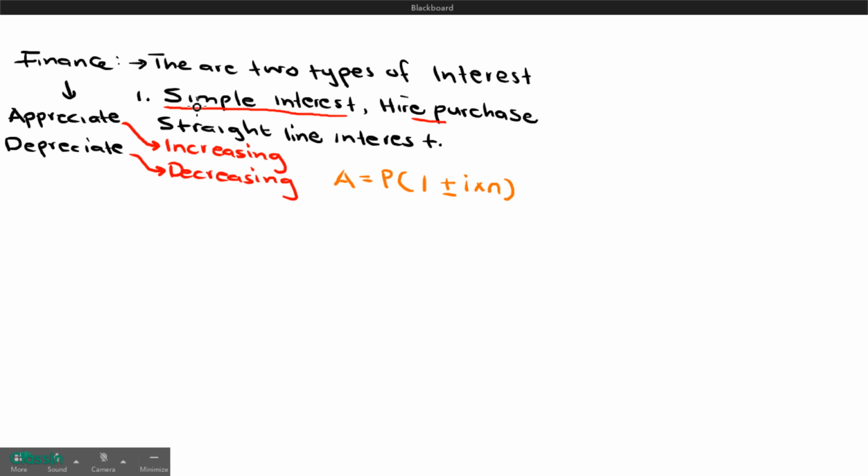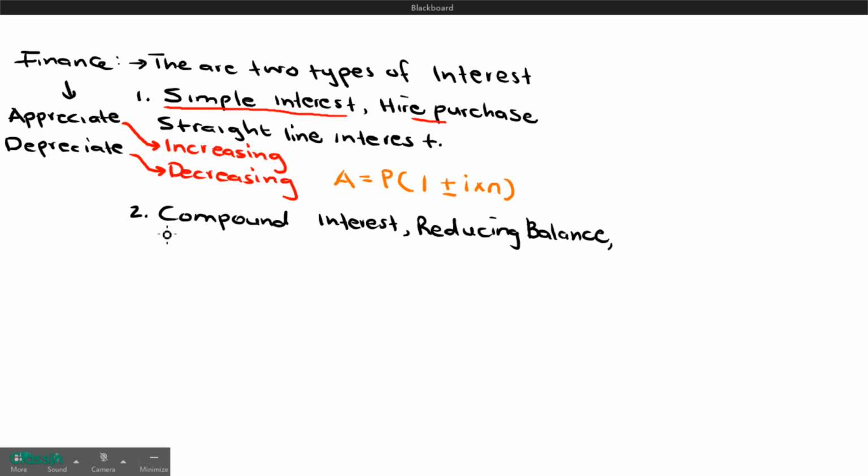So apart from simple interest, we have compound interest. In most cases, you'll find them using a reducing balance.